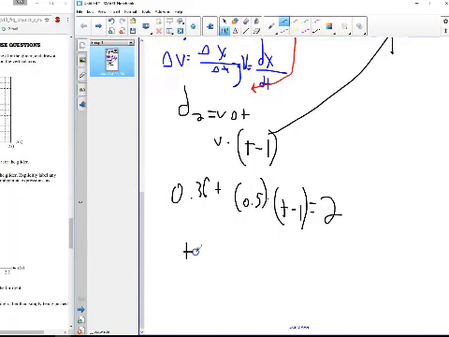If you solve for t using basic algebraic manipulation, your final answer is 4.3 seconds. Again, pretty counterintuitive, but that's the way they solved it.